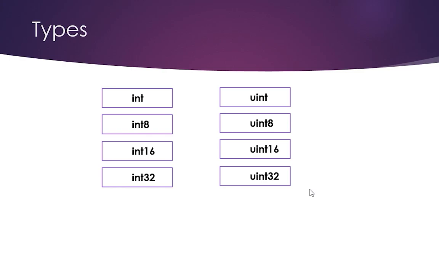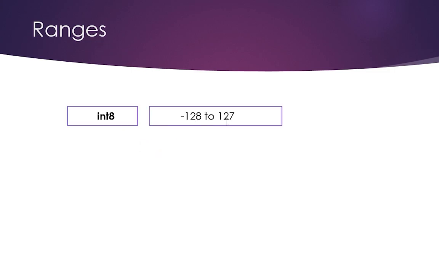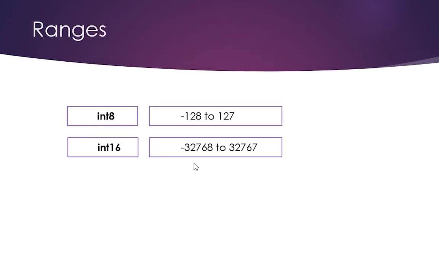And next we have the range of these particular integers, like int8 has the range of -128 for negative and 127 for positive, and in the case of int16 we have -32,768 for negative and 32,767 for positive. So how can we calculate the values of these bits?